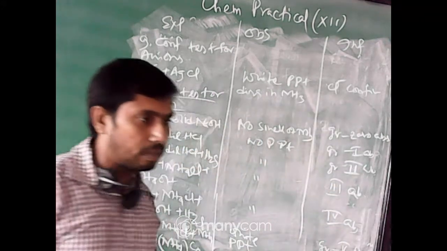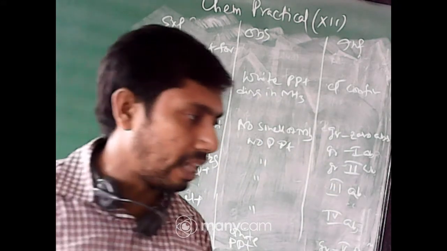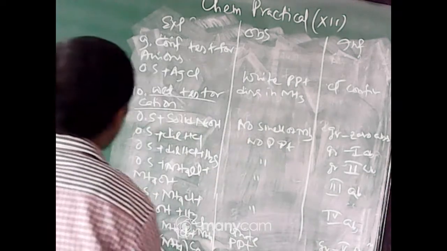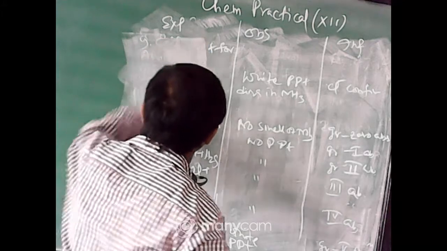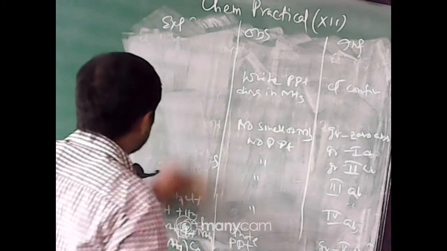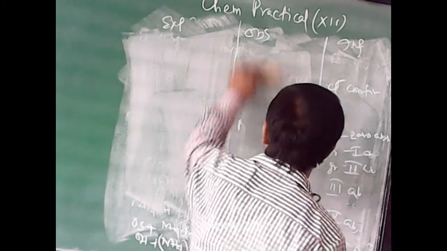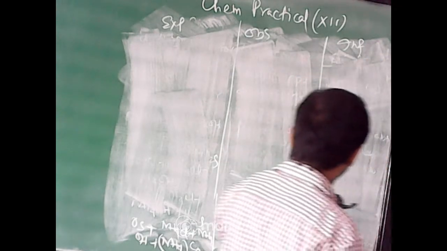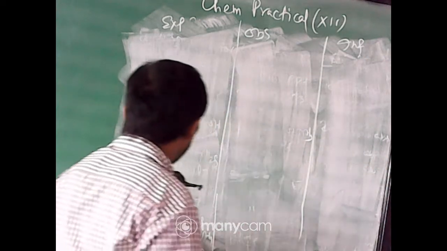Any one out of these may be present: calcium, barium, strontium. Okay. So now we have to confirm which one is present in our supplied sample. For this, you have to filter the PPT, as I showed you in this experiment.